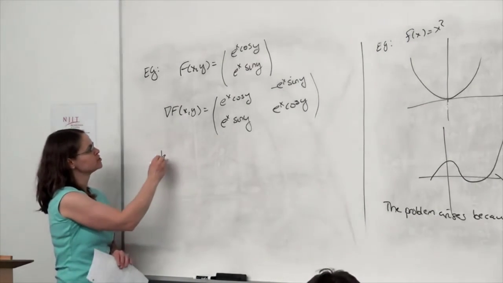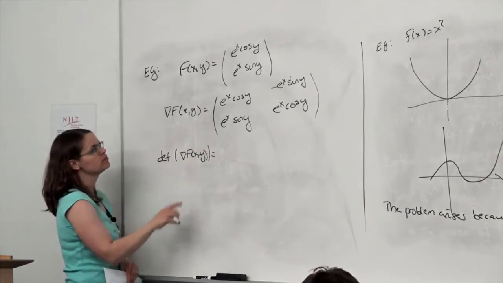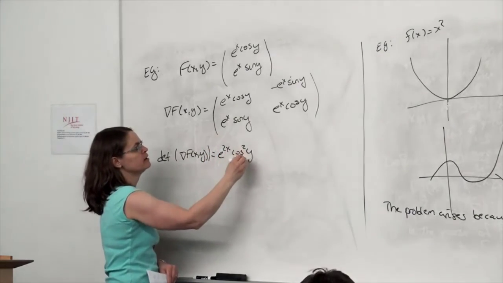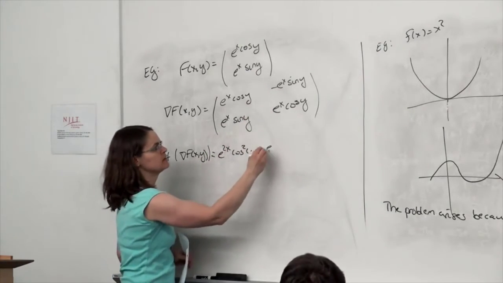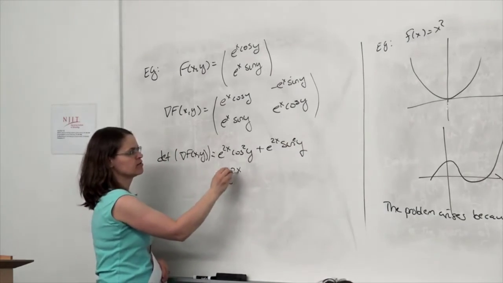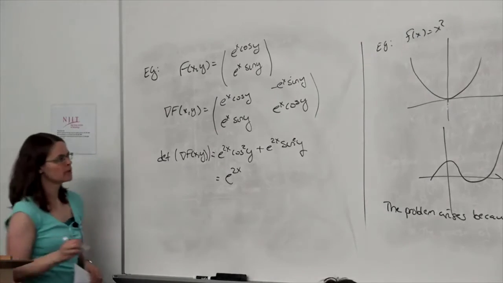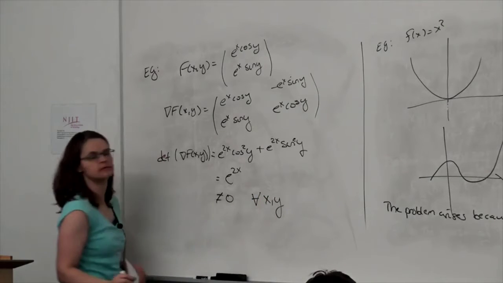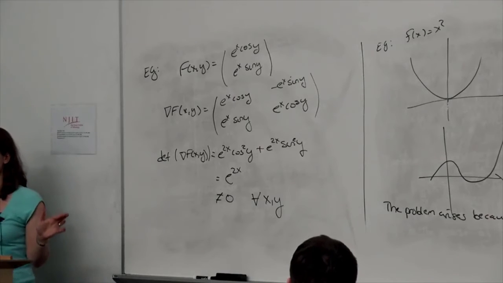All right, the determinant of the Jacobian equals, this times this is e to the 2x cosine squared y minus, this times this becomes a plus e to the 2x sine squared y, which is just e to the 2x. The exponential function is never 0. So this is not 0 for all x and y. All right, so this Jacobian is always invertible, no matter what value of x and y you throw at it.